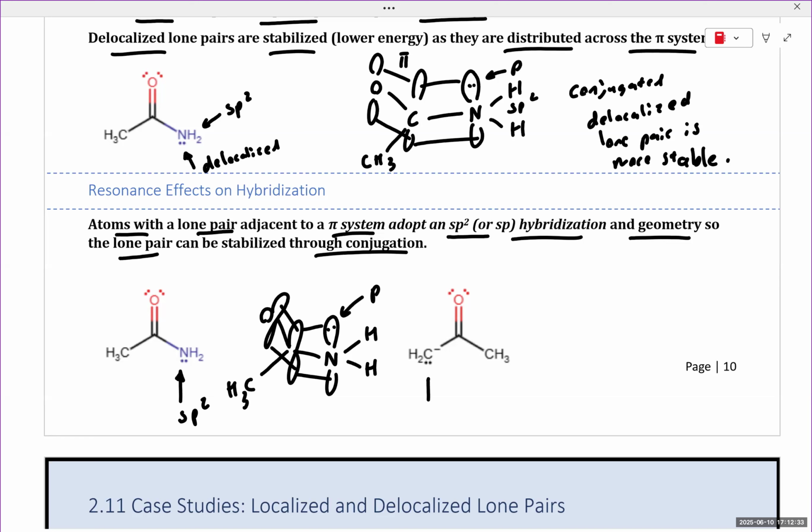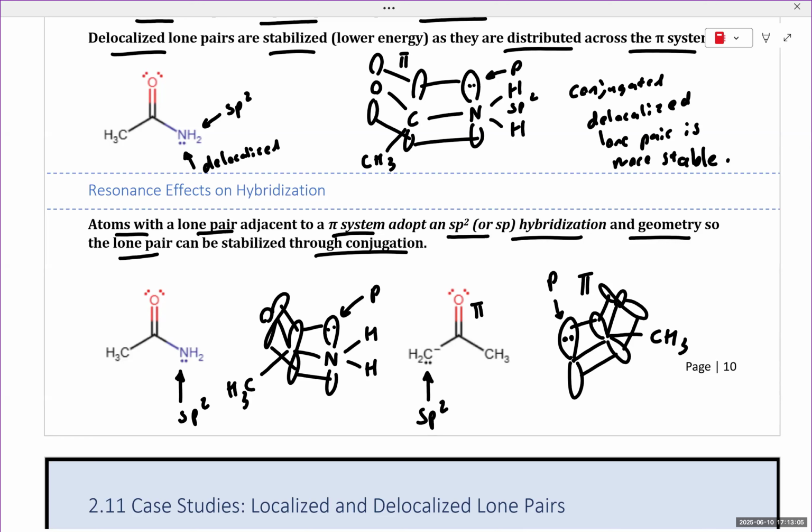By the same token, this carbon with a lone pair adjacent to a pi bond or pi system prefers to adopt an sp2 hybridization. In part, so this carbon can place its lone pair in a p orbital, and thus the lone pair can participate in conjugation with the pi bond and pi system, which stabilizes the lone pair.